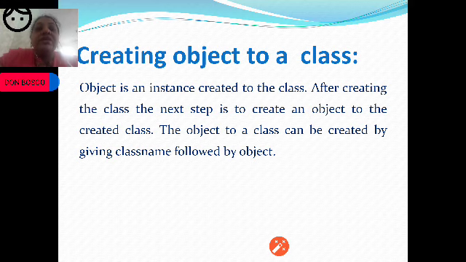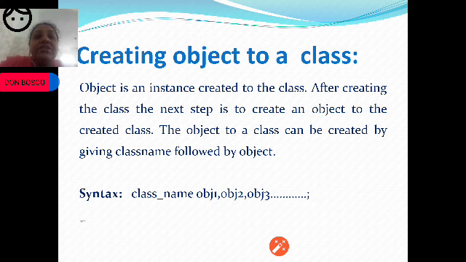So how can we create an object? In C++, how are objects created for the class? After defining a class, an object has to be created. The syntax for creating an object is shown below: class name followed by object 1, object 2, object 3, like that you can create n number of objects.